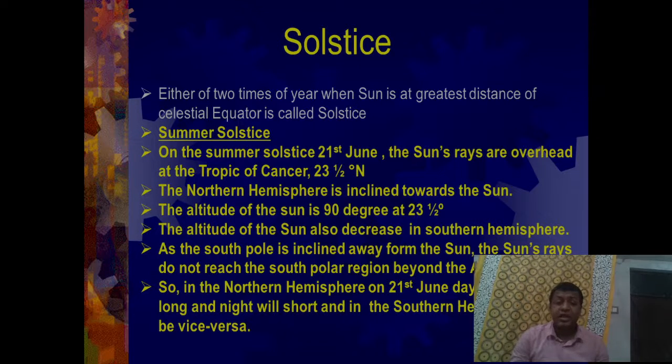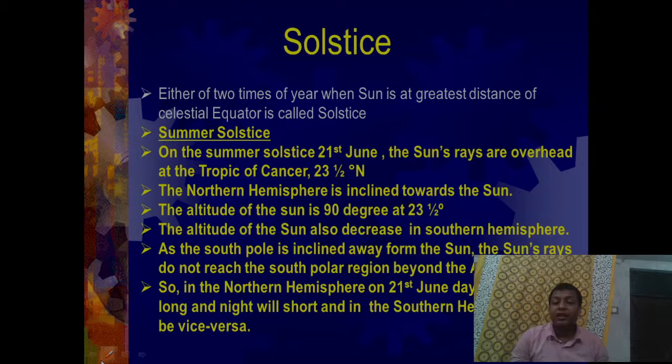Dear students, the altitude of the sun also decreases in the southern hemisphere, as you see in this picture, as the south pole is inclined away from the sun. The sun rays don't reach the south pole region beyond the Antarctic Circle. So in the northern hemisphere, on the 21st of June, the day is maximum long and the night short.